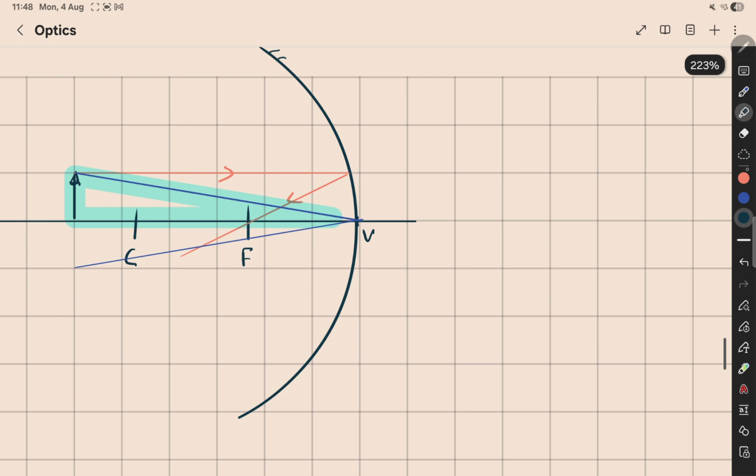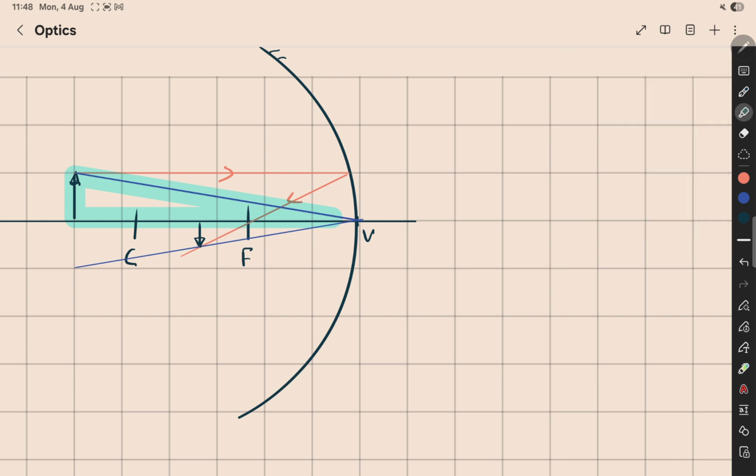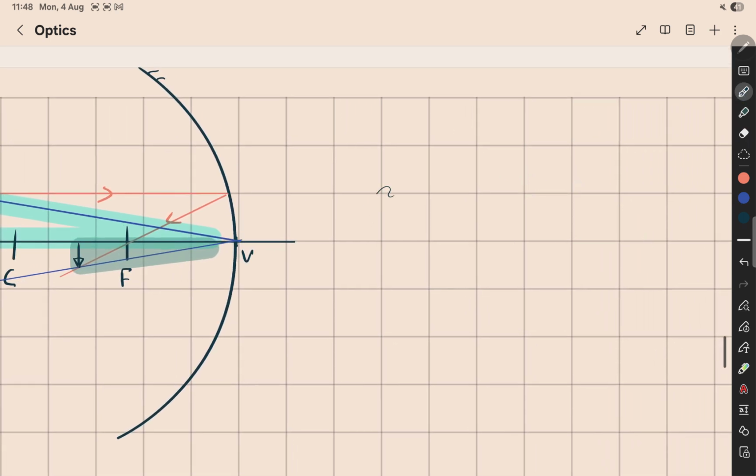We know that the image will be formed where the light rays meet. So here is where the image will form. And the second triangle that I'll take is this one here. I'll just draw them here a little bit different so it's easier for us to see.